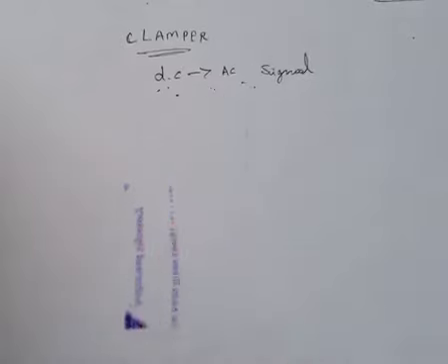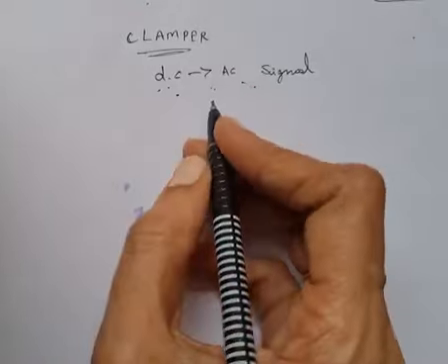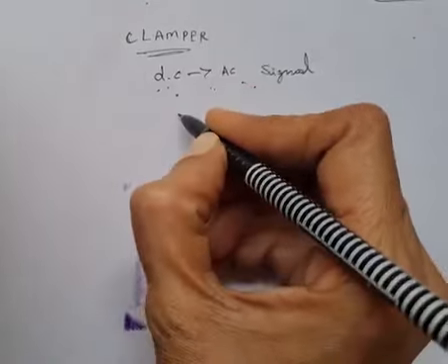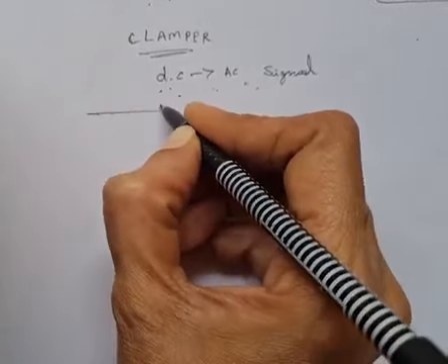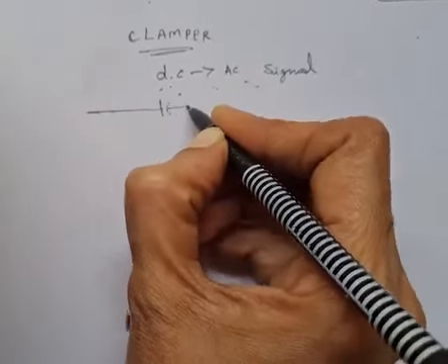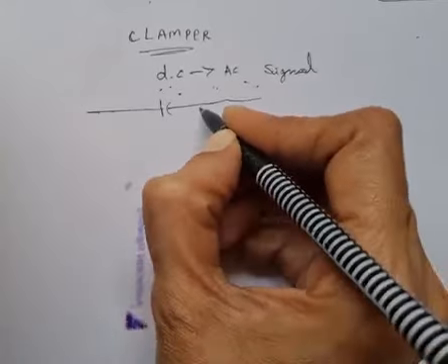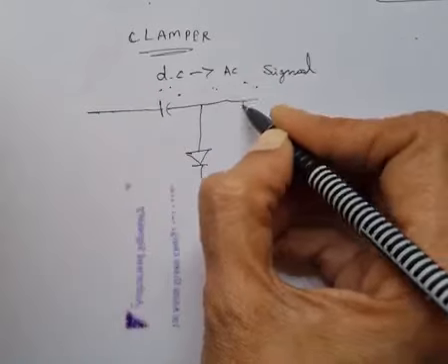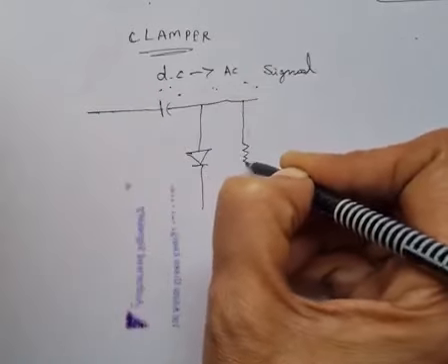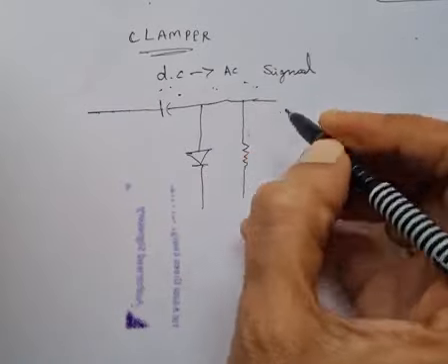And now we will see the circuit diagram of a clamper. What elements are there in a clamper? Here we draw one resistor and one diode, capacitor, diode and resistor.